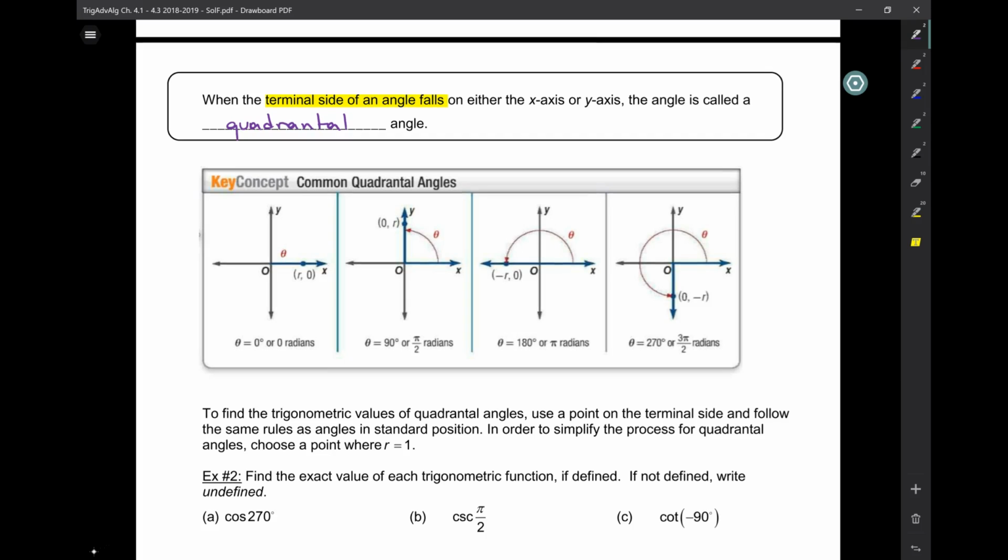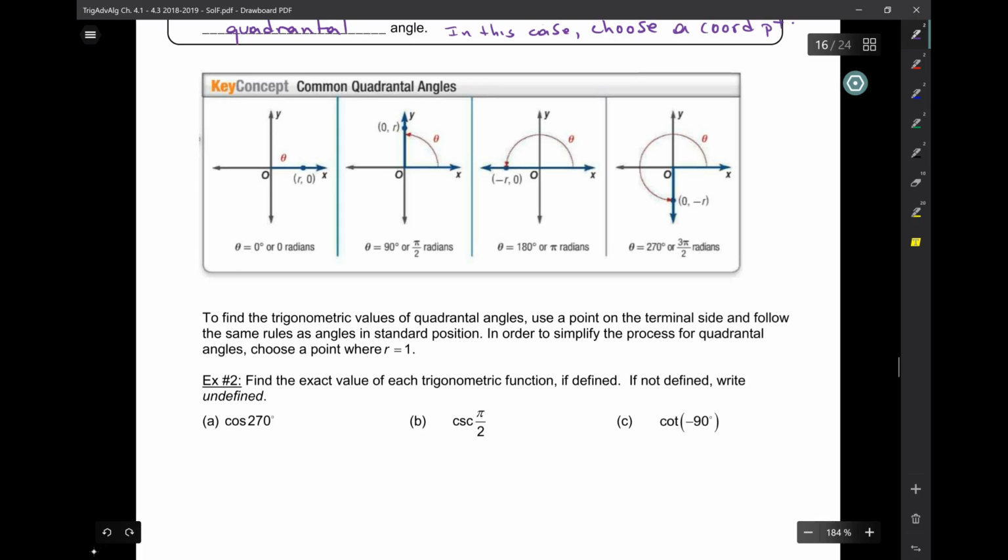When it's a quadrantal angle, in this case, choose a coordinate point. Okay? All right. Suppose my point is here.